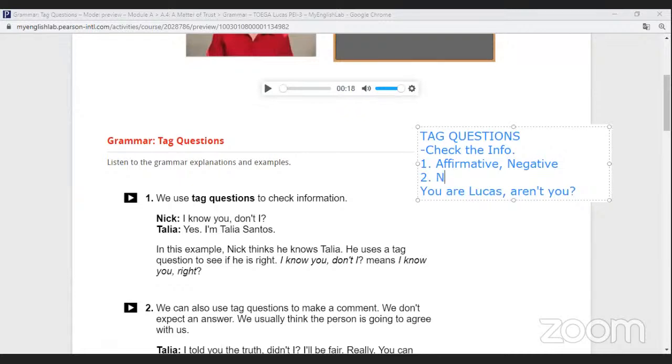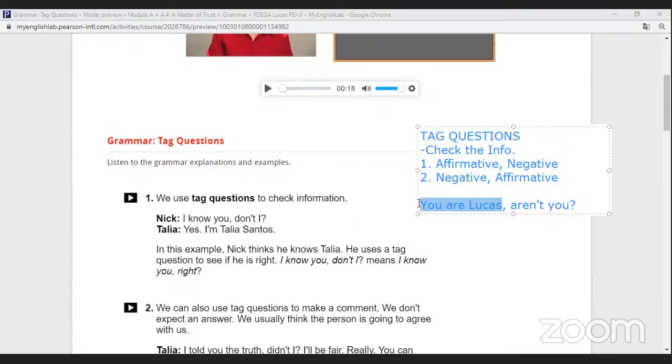Number two, if the sentence is negative, the tag question will be affirmative. So it's gonna be the opposite. In this example, the sentence is affirmative, right? So the tag question has to be negative.